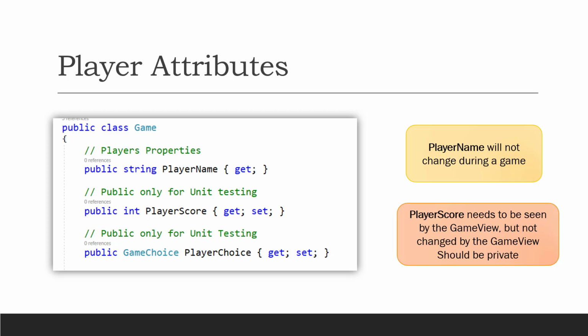So the player will have a name, will have a score, and the player will make a choice. The player's name won't change during the game, so it can just have a get method but not a set method. But the score is going to change during the game, and also we need to be able to set the player choice as well as get the player choice.